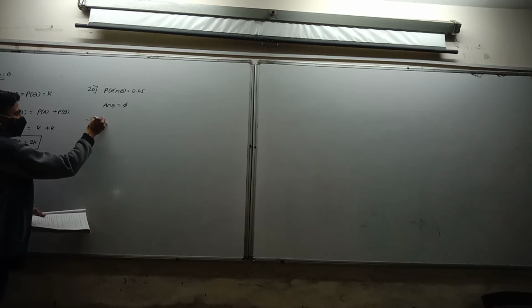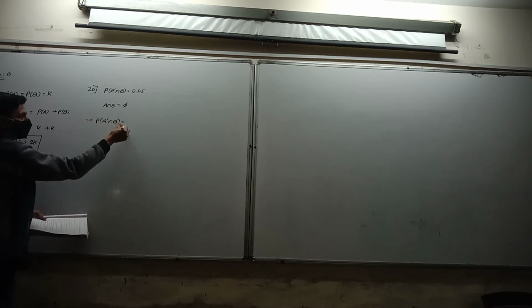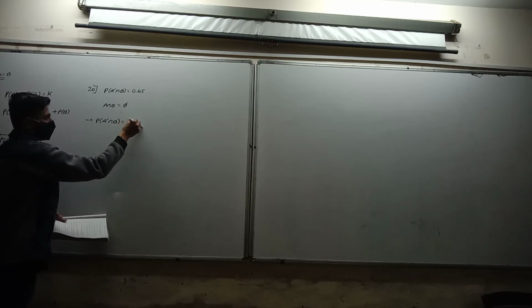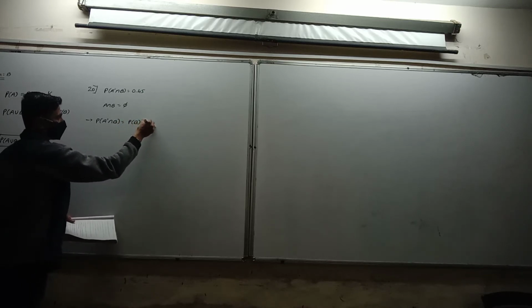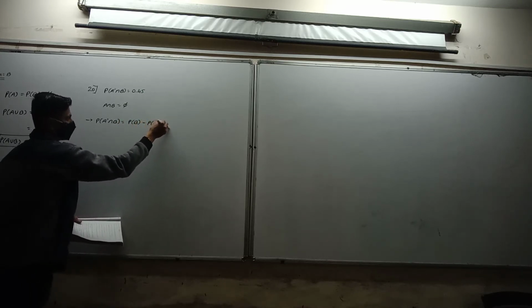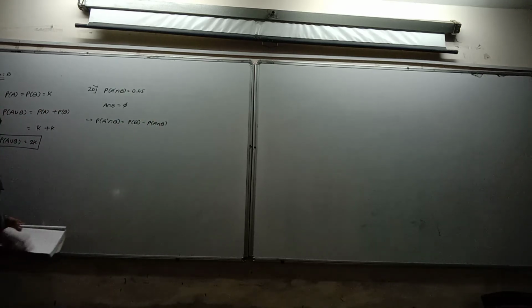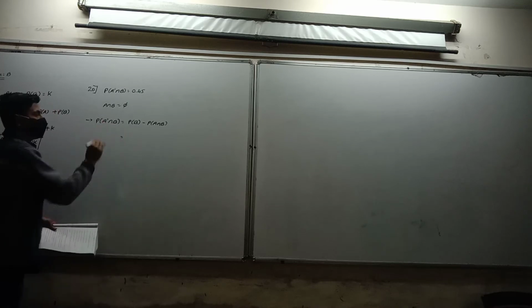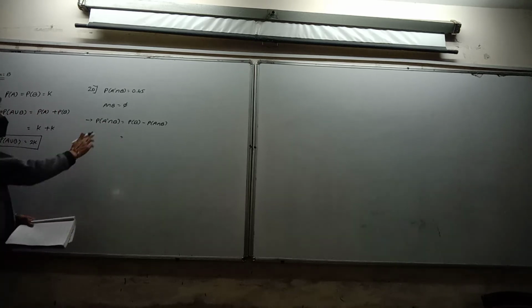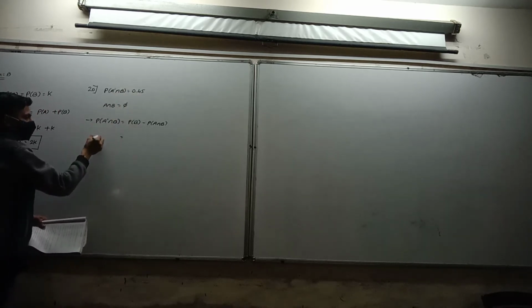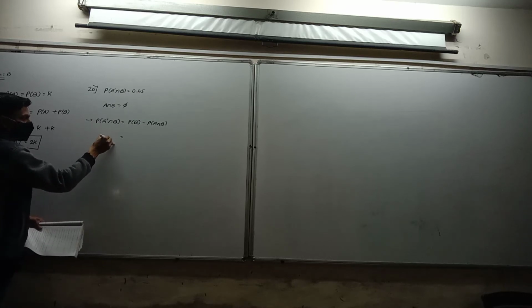So write down the formula. A dash intersection B is equal to event B happens, event A does not happen. P of B minus P of A intersection B. A dash intersection B is given 0.45.